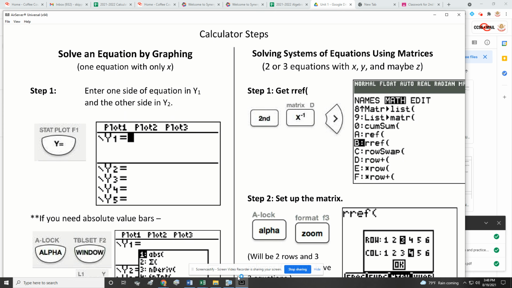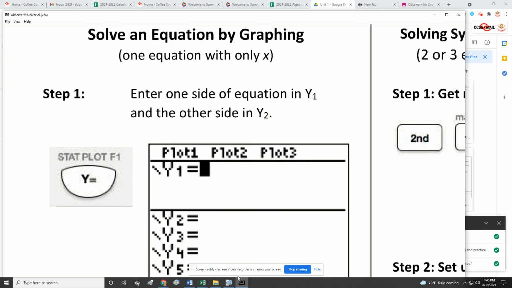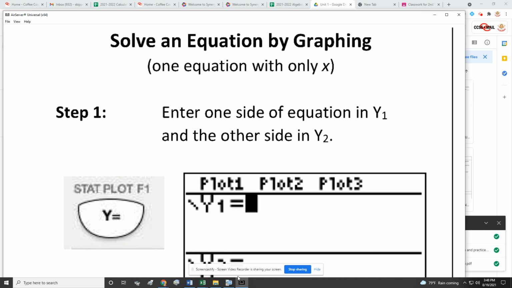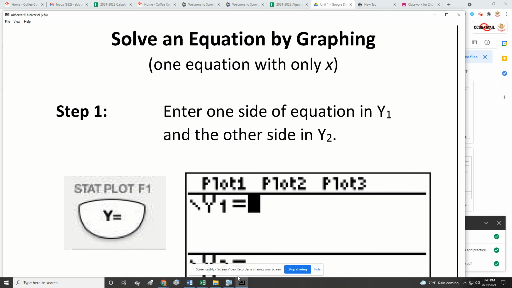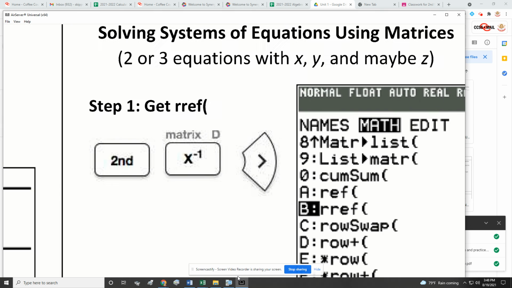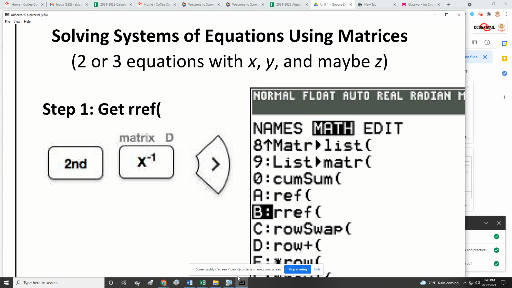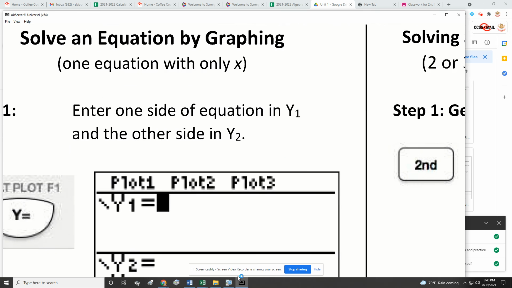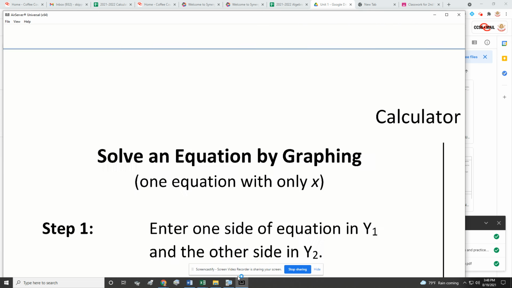So when we're solving by graphing, that's going to be a situation where you only have one equation and you only have probably x. It might be a different variable, but most likely it'll be x. Right? And then the systems of equations with matrices, you're going to have 2 or 3 equations with x, y, and maybe z. Right? So they look very, very different. So you need to know when to use which one.